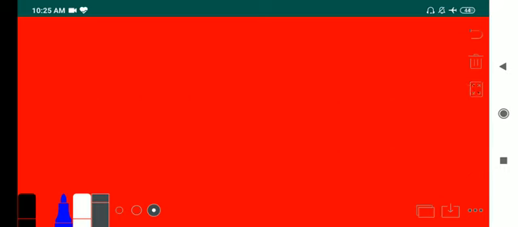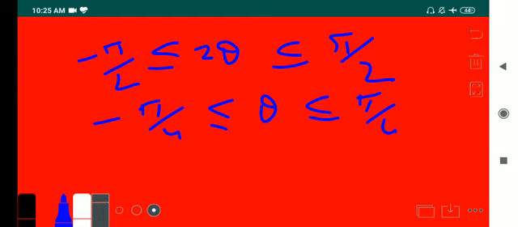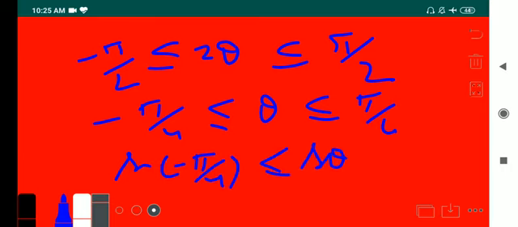It means 2 theta must be greater than equal to minus pi by 2 and less than equal to plus pi by 2. If we divide by 2 on both sides, we have minus pi by 4 less than equal to theta less than equal to pi by 4. Taking sine, we have sine of minus pi by 4 less than equal to sine theta less than equal to sine of pi by 4.